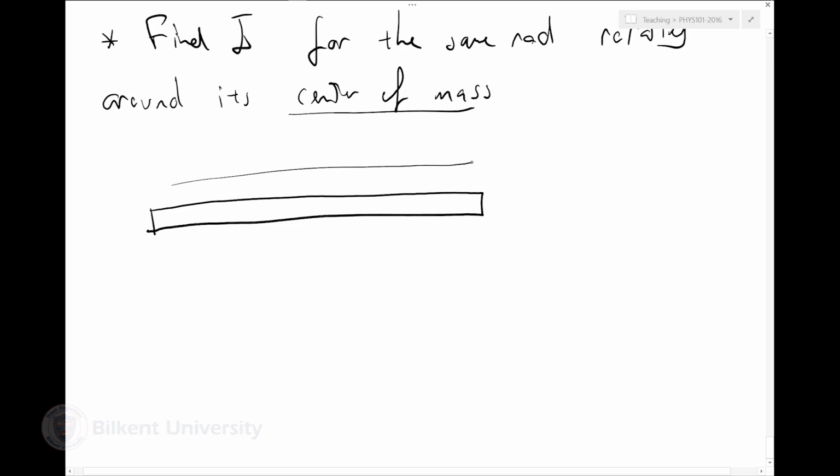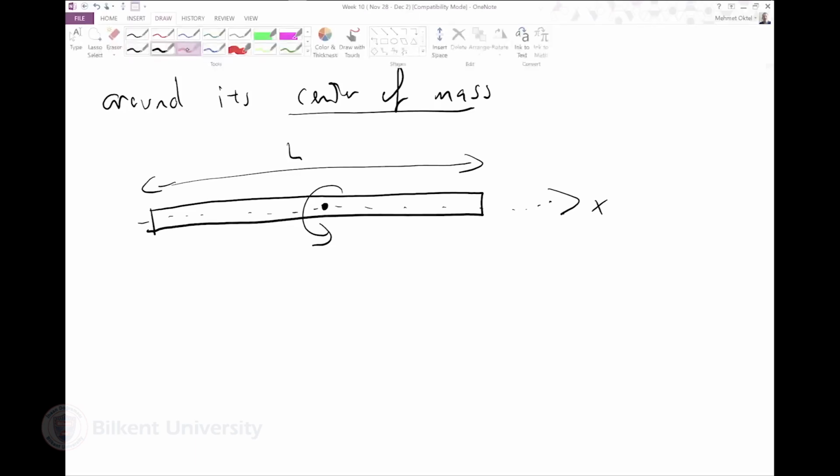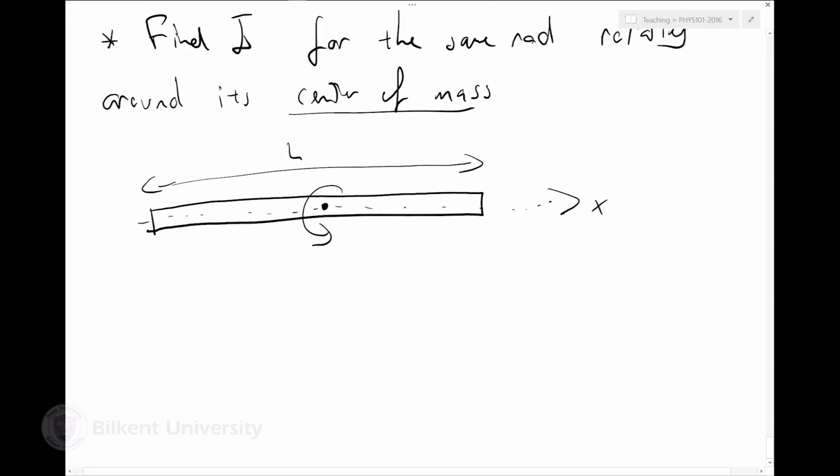It has a length L, but now my 0 is exactly at the center. Okay. So I'm going to rotate around this point. Now, let's take this to be the x-axis. Again, I split my rod into small parts, small dm parts.